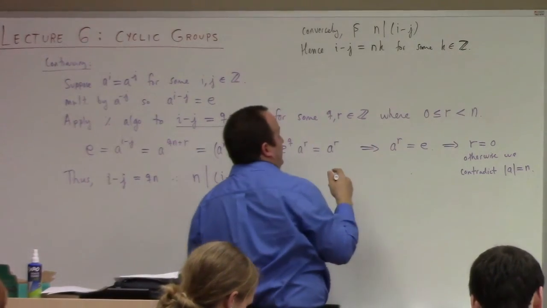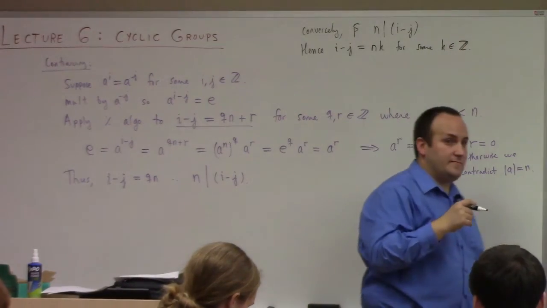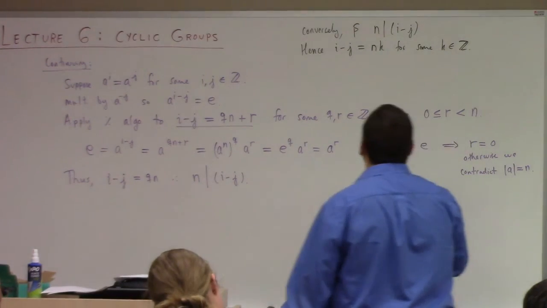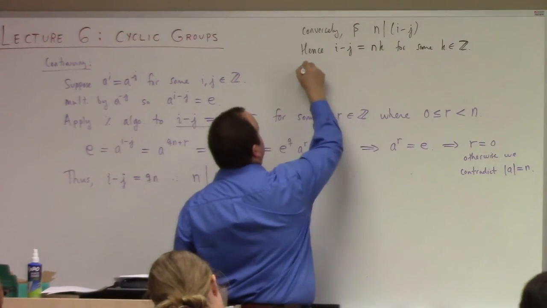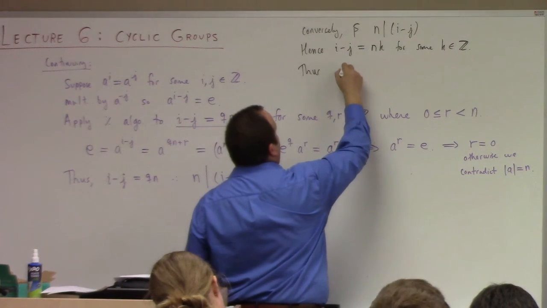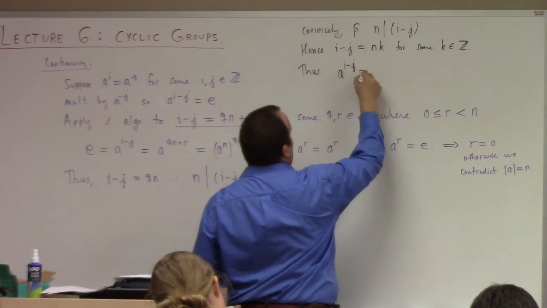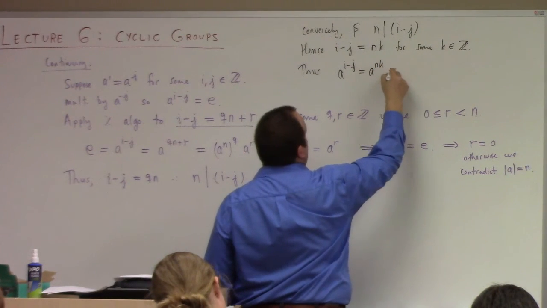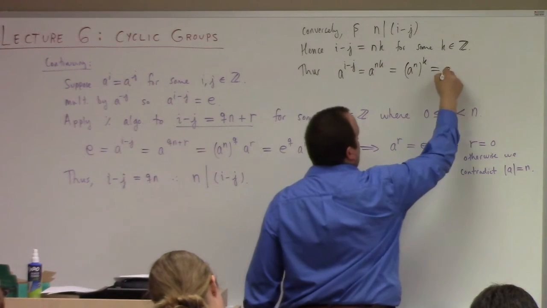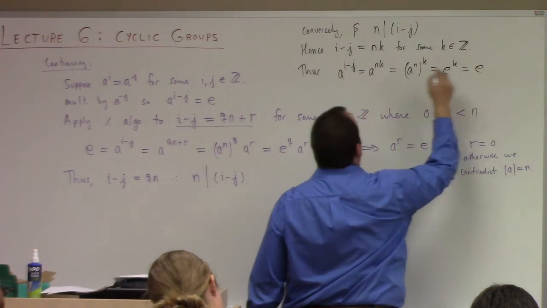If n divides i minus j, that means i minus j is a multiple of n. Thus, a to the i minus j is equal to what? a to the nk, which is equal to a to the n, to the k, which is equal to e to the k, which is equal to e.